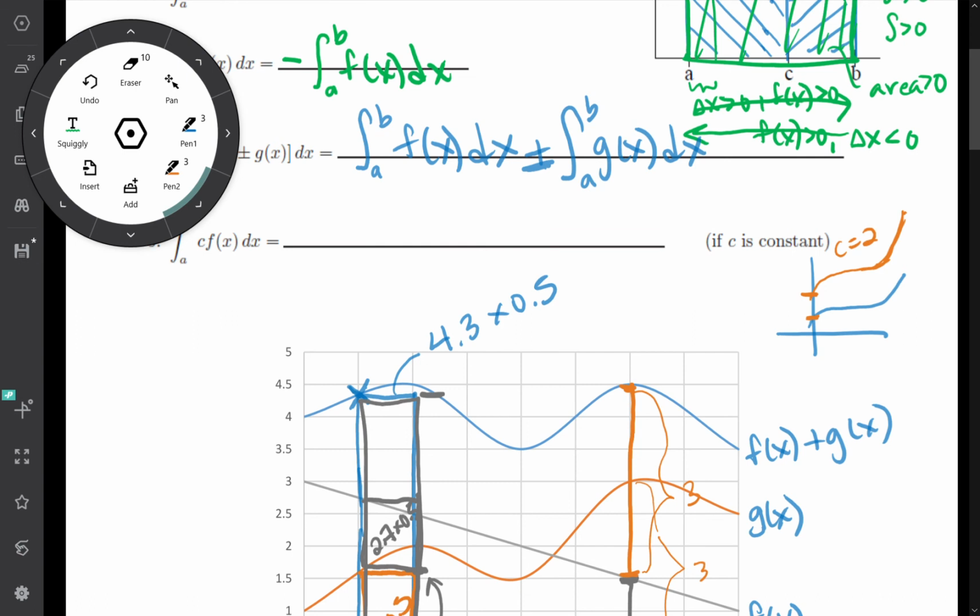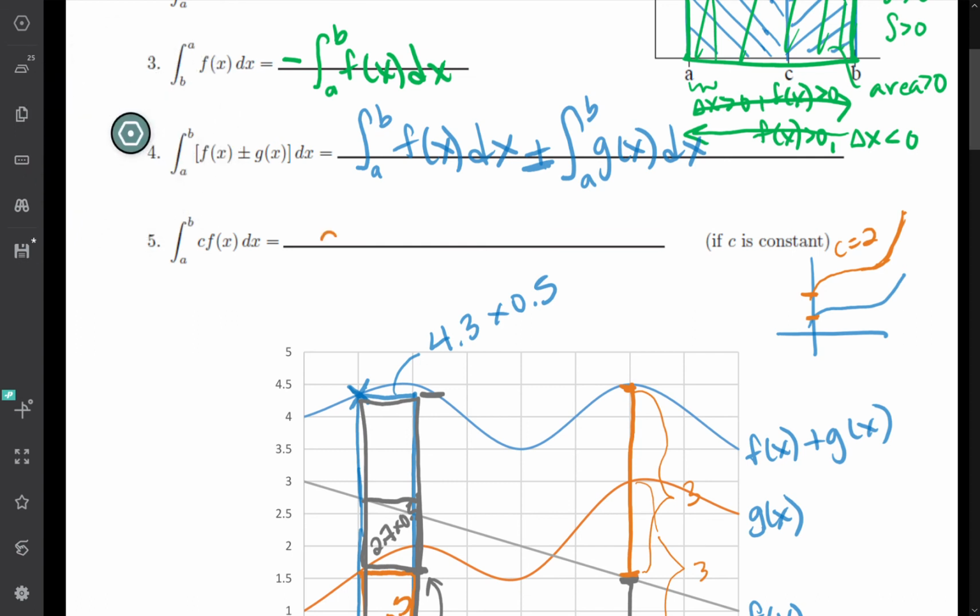So the property is going to say that the area also goes up by a factor of c. So if your function is twice as tall, its area will be twice as big, which means you can just snag that c out in front of your integral. We've done this for indefinite integrals, antiderivatives all over the place, because we know when you take a derivative, the constant just sticks around, so when you take an antiderivative, the same should hold.